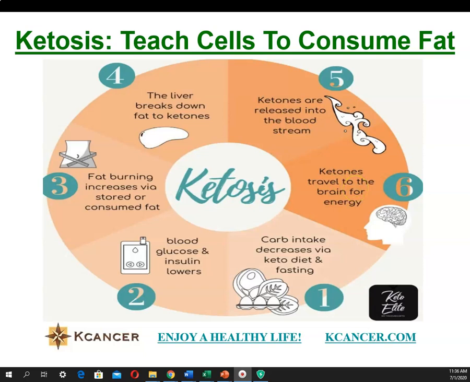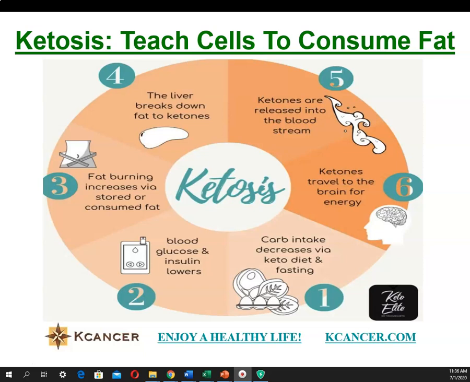We know that most of the energy we use during normal life and normal activity goes to the brain, and the brain can use ketones very effectively.